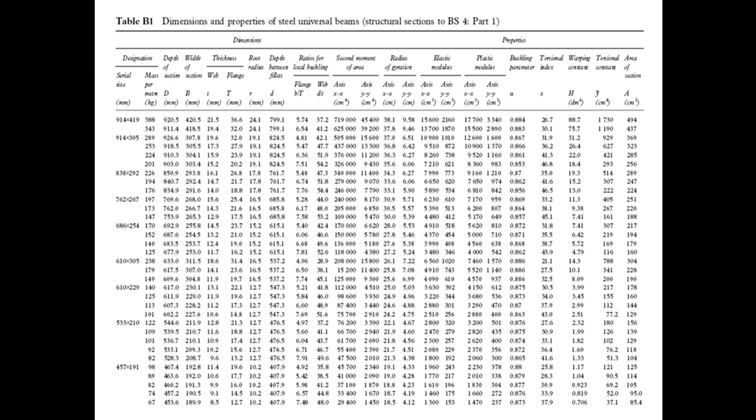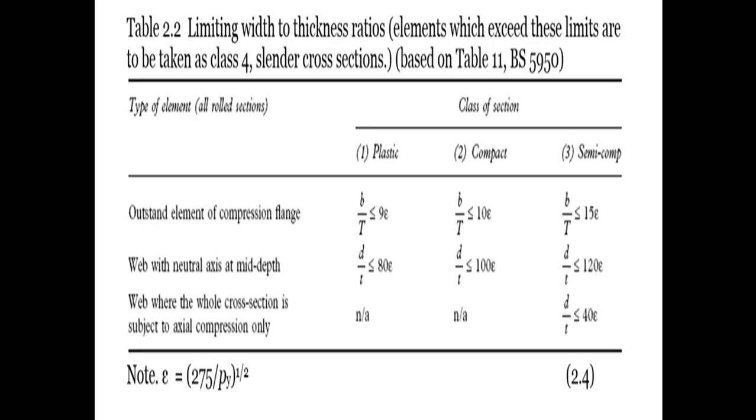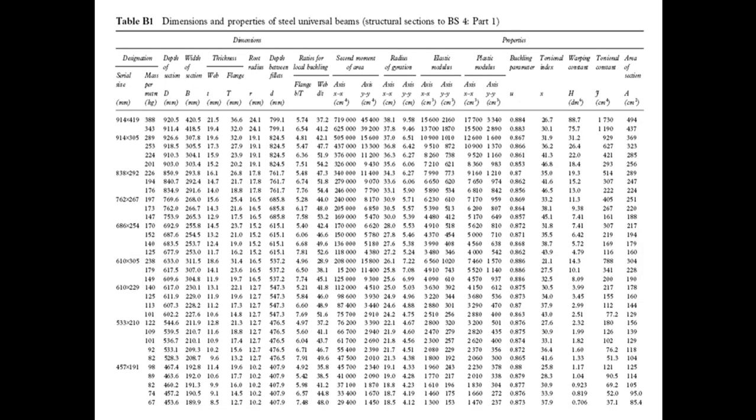From here, you can see the values of your small d, your small t, and your capital T. These are the main things you need for determining the section classification. To get your plastic B over T, the B is gotten from the table I showed you earlier, Table 2. In this table you can see your B over T, but in this case they requested D over T. So our D is gotten from what?